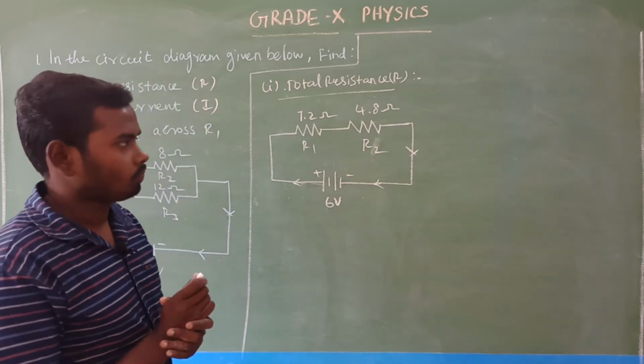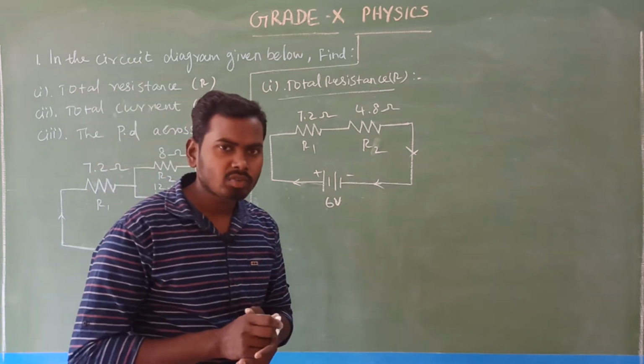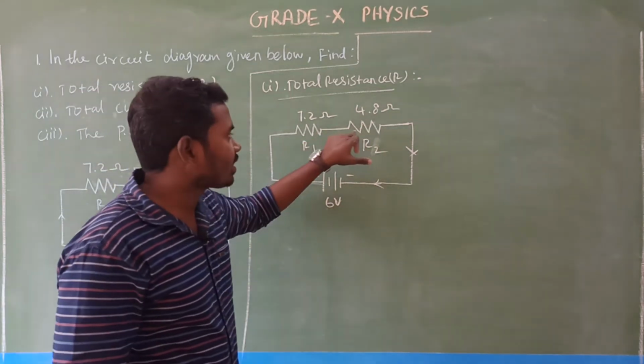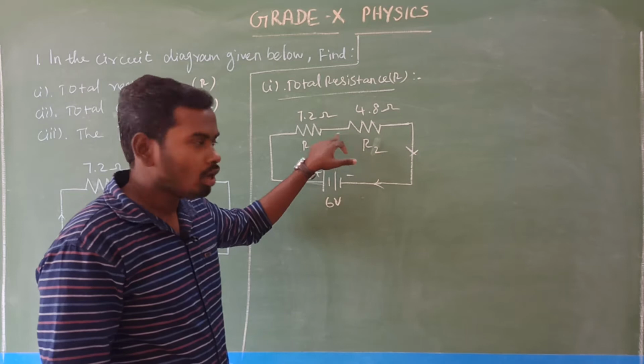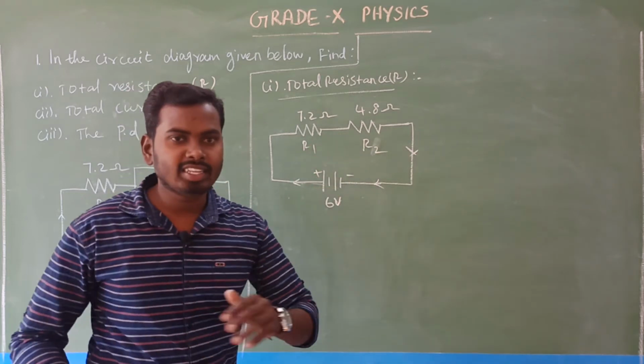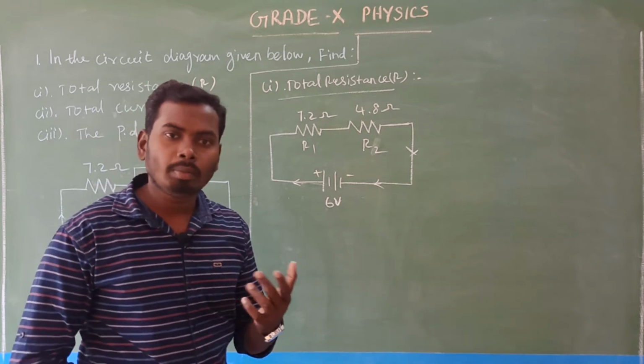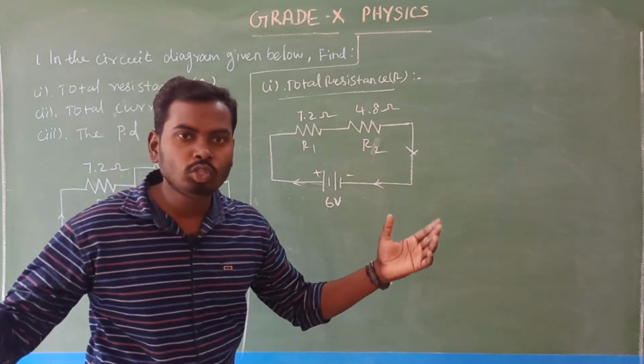Very easy. Now you find out the total resistance value. Look at here. The two resistors are connected in series combination. Whenever resistors are connected in series, the total resistance is the sum of all the individual resistances.